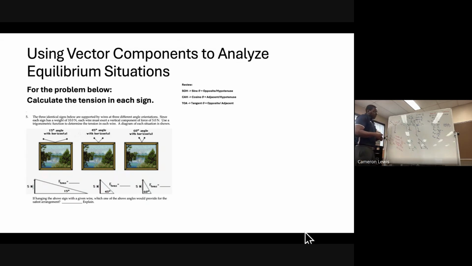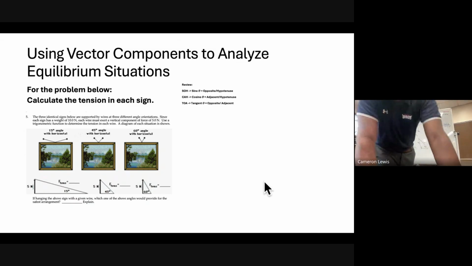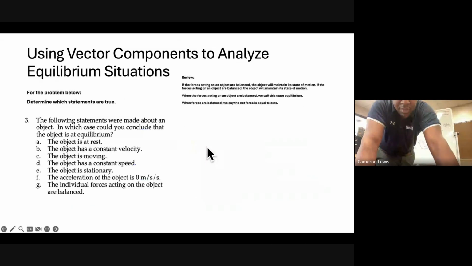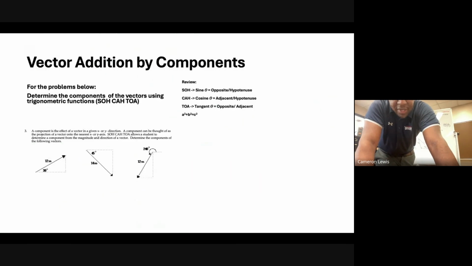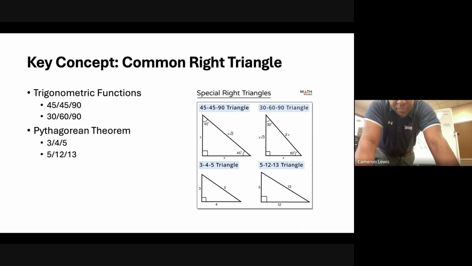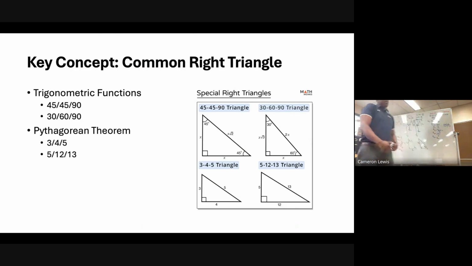The 45, 45, 90 triangle, I'll bring it up here. Let me see if I can go back all the way to vectors. Right here. So now we know that we have x, and then x root 2.